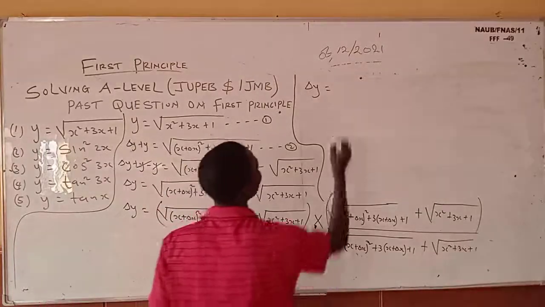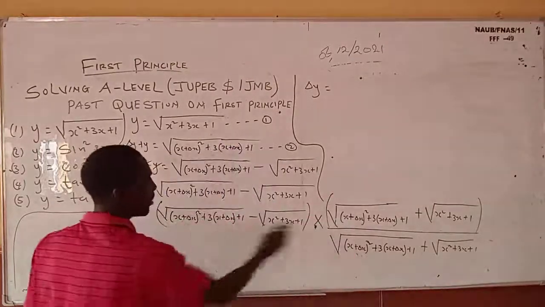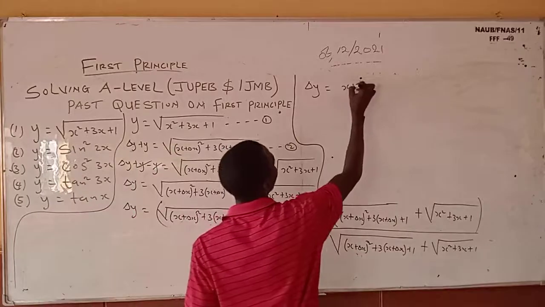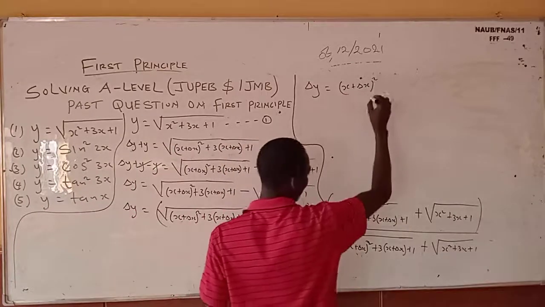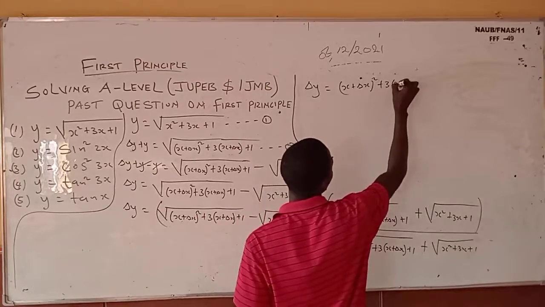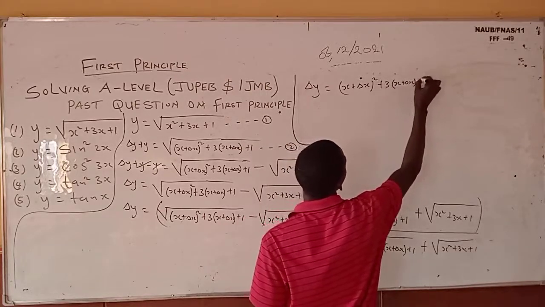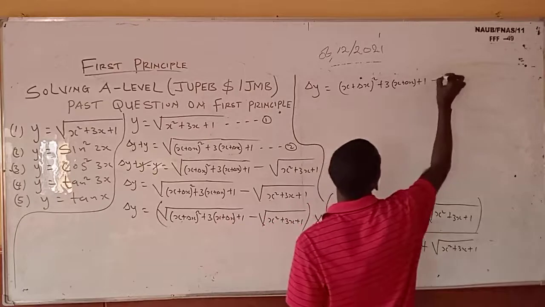So now we are going to have this multiplied by this, which is s plus change in s all squared plus 3 into s plus change in s plus 1, minus.